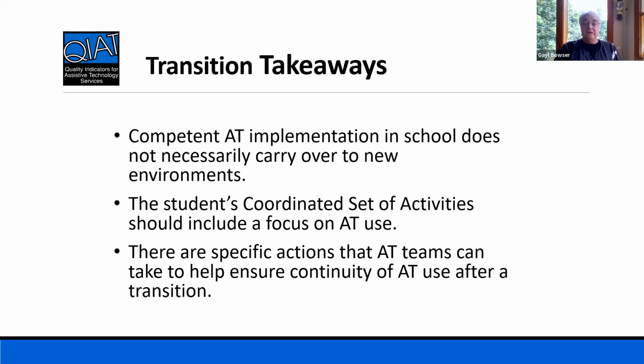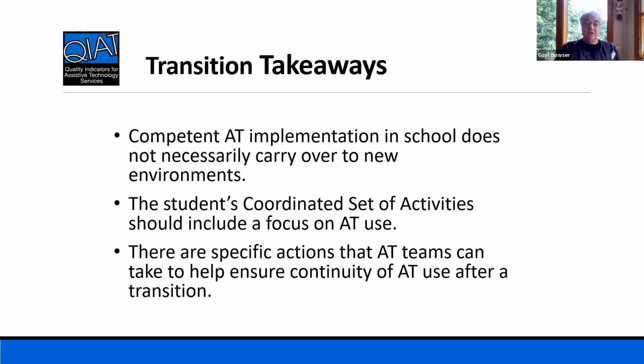What we know is that competent assistive technology use and implementation in a school program does not guarantee that in a new environment it will carry over. It's important to do some planning so that there's as much continuity as possible in the new environment. And the students' coordinated set of activities should include a focus on AT use.